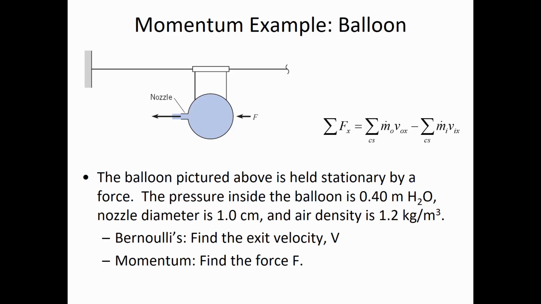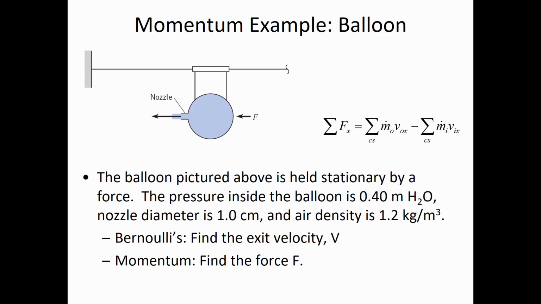We also have, just as a matter of givens, the density of air. So the density of air is 1.2 kilograms per cubic meter. Okay, so let's do some sketches here. We can put a control surface that encloses the balloon, and the important control surface where the stream is coming out right here.